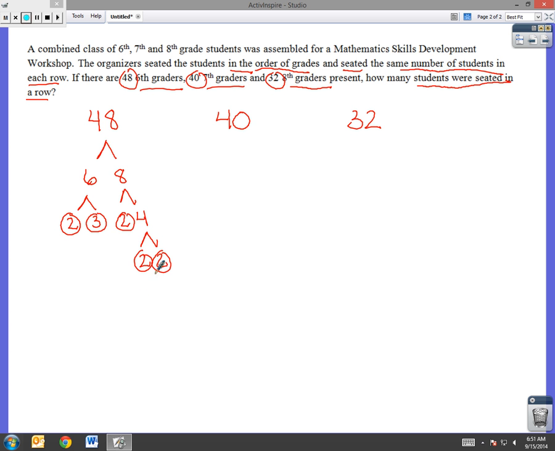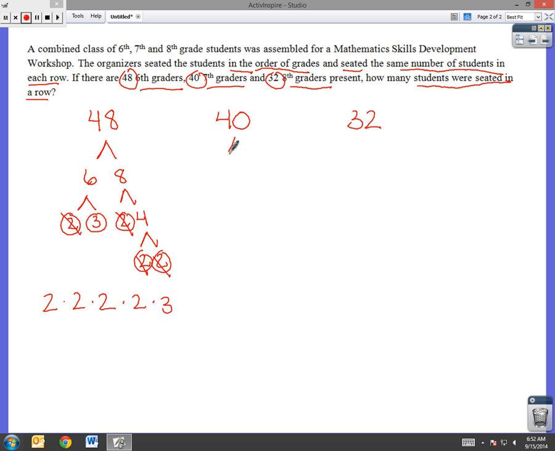I'm going to write this as a string, not in exponential notation, to show you why. So this is 2 times 2 times 2 times 2 times 3. Let's double check. 2 times 2 is 4, times 2 is 8, times 2 is 16, times 3 is 48. Okay, good.